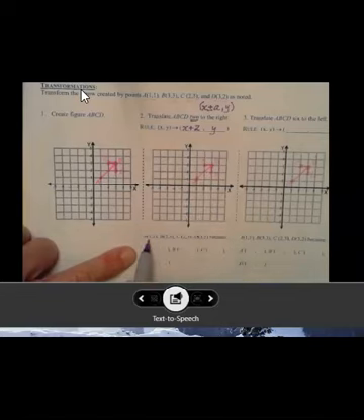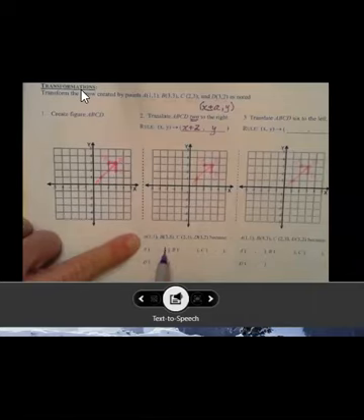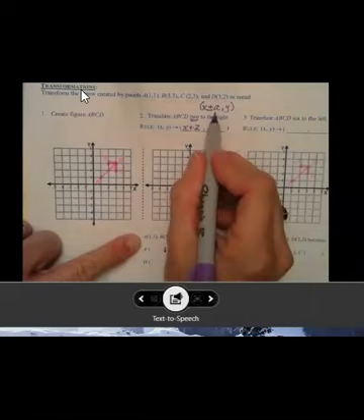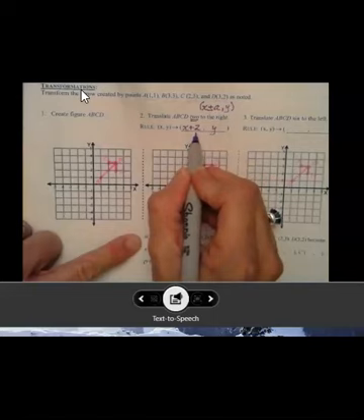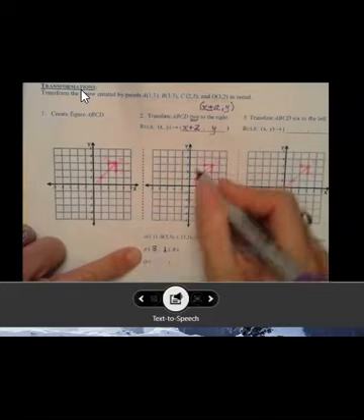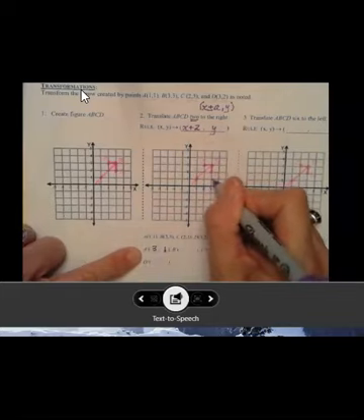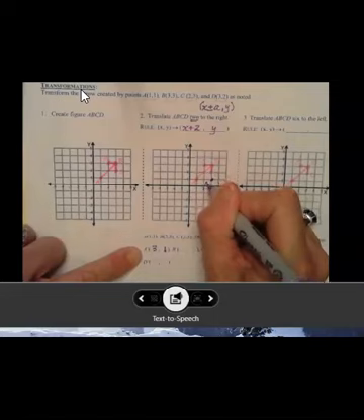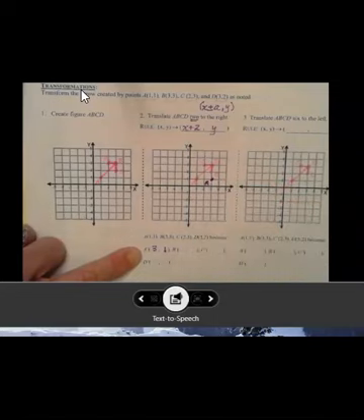To replot point A, y will stay the same, and the x value of 1 will have 2 added to it for the rule. So 1 plus 2 will be 3. Our new point A prime, we run 3, rise 1, and that would be A prime.